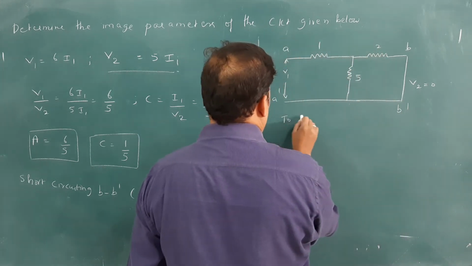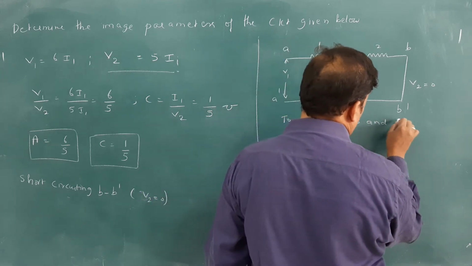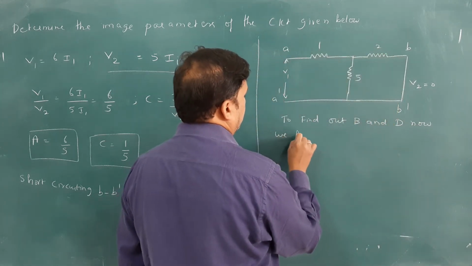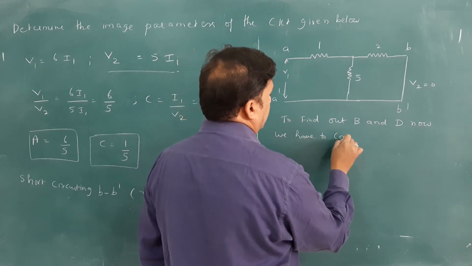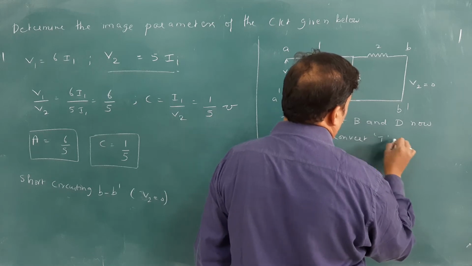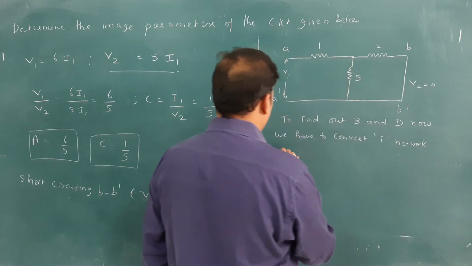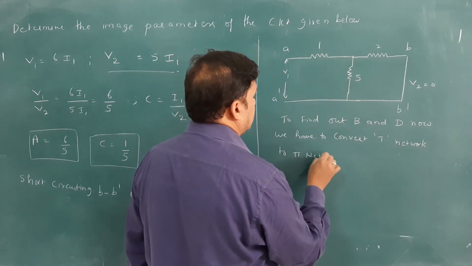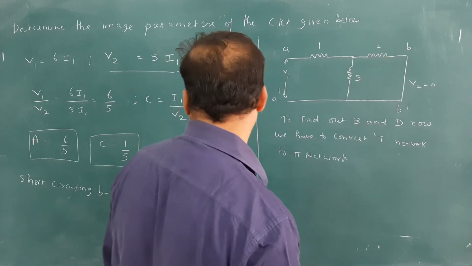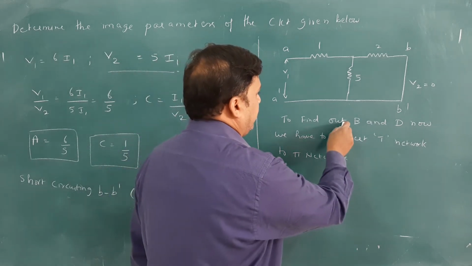To find out B and D, we have to convert the T network into a pi network, because this is a T network, and finding the B value directly will be a tedious, hectic process for us.